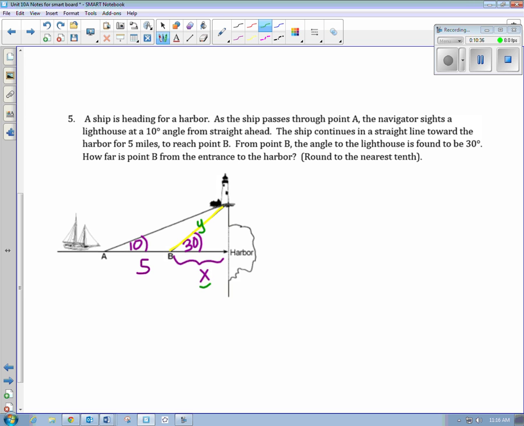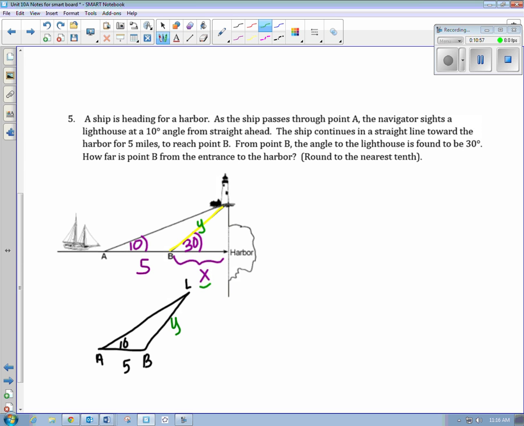So the first thing that I'm going to do is work on the triangle that goes like this, where A is here, B is here, and I'll just put L up here for lighthouse. This is 5, this is 10, and I'm looking for this shared side right here that I've called Y.